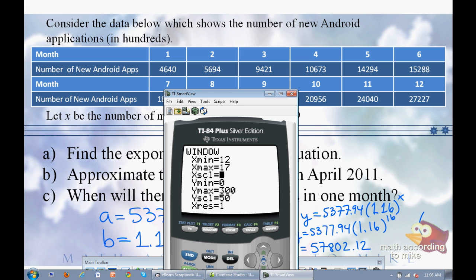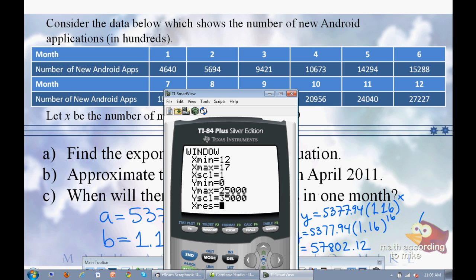Keep the scale as 1 for the x's because we're only going from 12 to 17. But for the y's, what should we make the y min and max? Remember we have to surround 30,000. So let's go from 25,000 to 35,000.